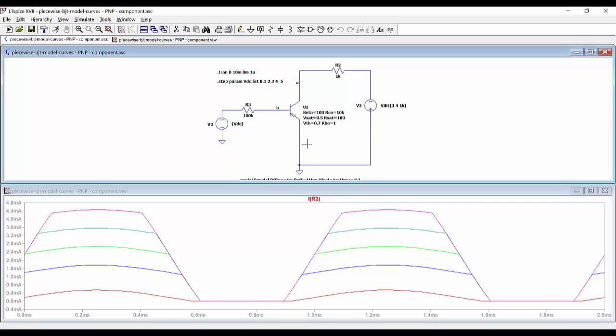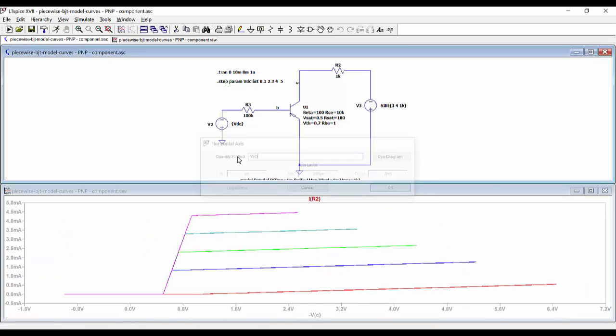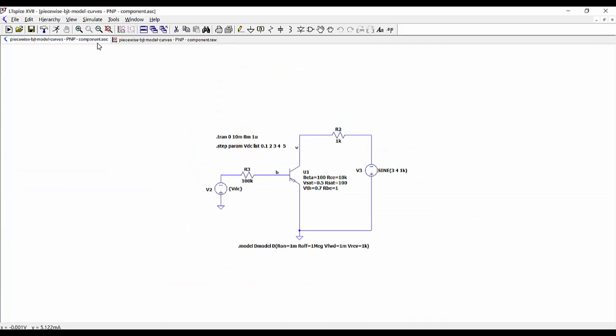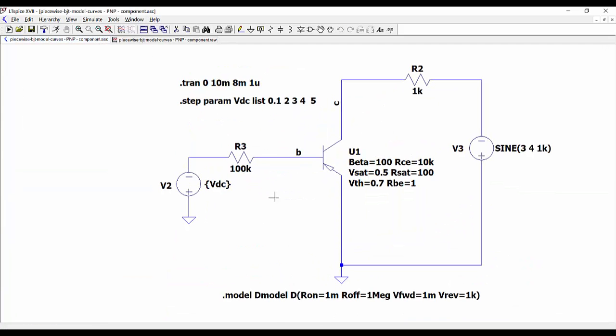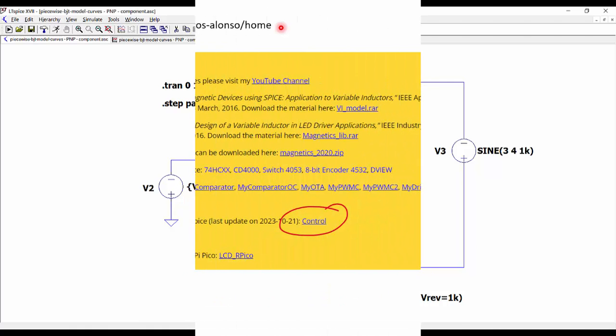But now, because this voltage is negative, instead of V(C), we are going to use minus V(C) to see everything better. And then here we can see that the characteristics are as in the case of the NPN transistor. So the model of our PNP transistor is also operating well.